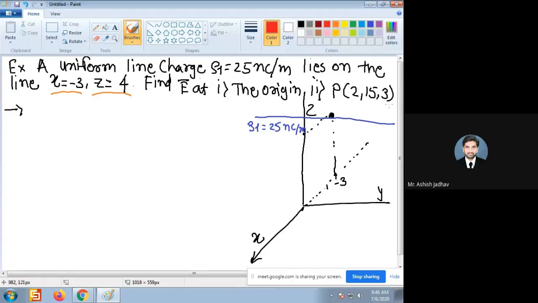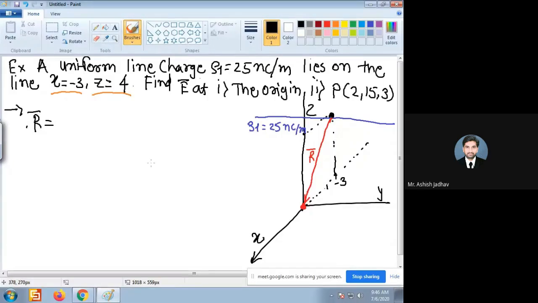And in order to find the electric field intensity at origin, we must extend the vector from the point, right? So if I extend this vector from the given point, I would get this vector. Let us assume this is R bar, right? So first step is to calculate R bar. So how do you calculate R bar?